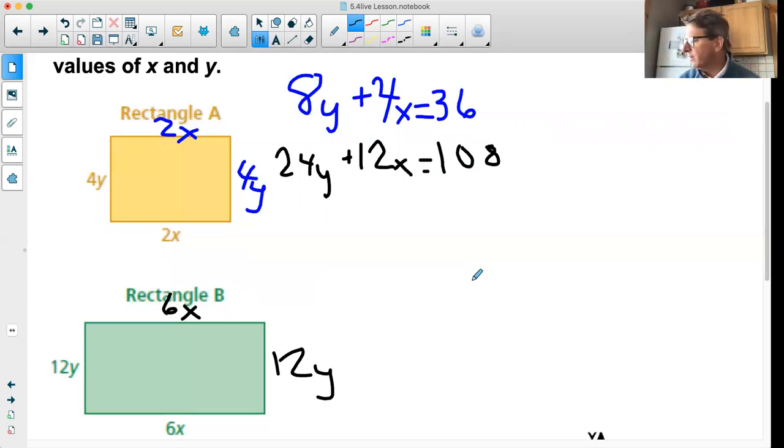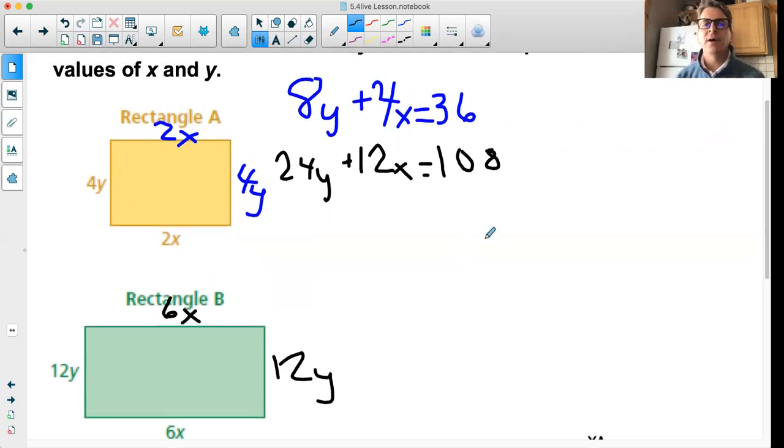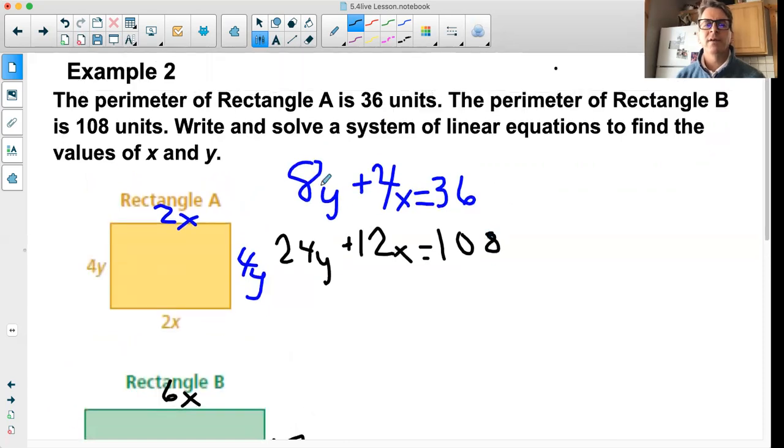Now, the book does a nice job of talking about using graphing, okay? But you can look at that on page 227. I'm going to look at using substitution or elimination to solve this. I see this 8 and I see this 24.